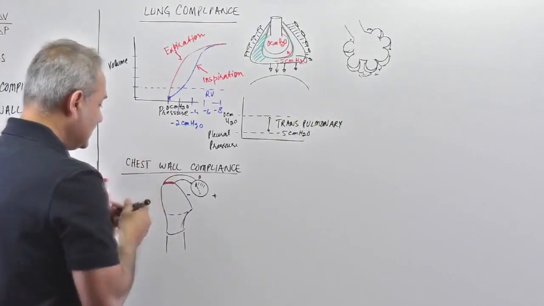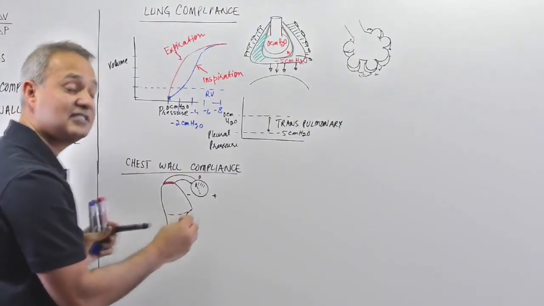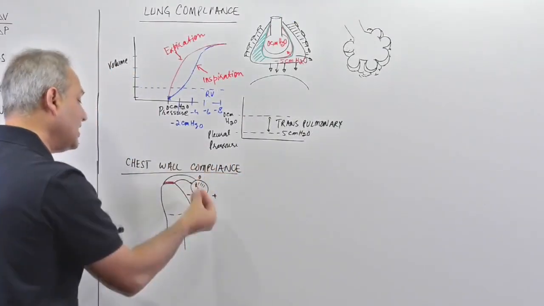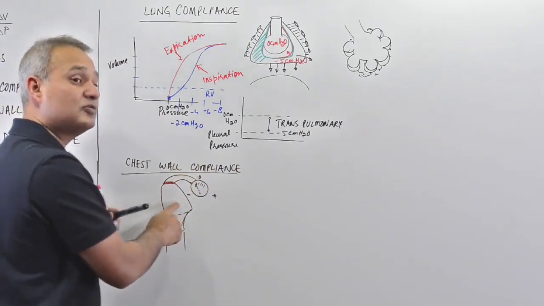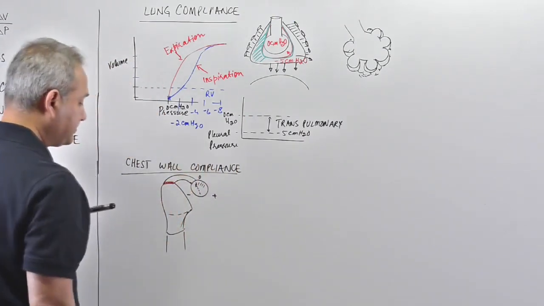Why? Because the chest wall is trying to expand, that is its natural tendency, but the air cannot go in, so there is subatmospheric pressure in here.